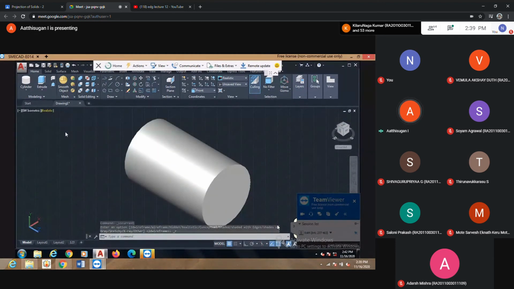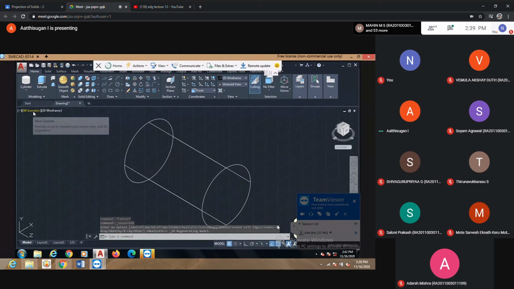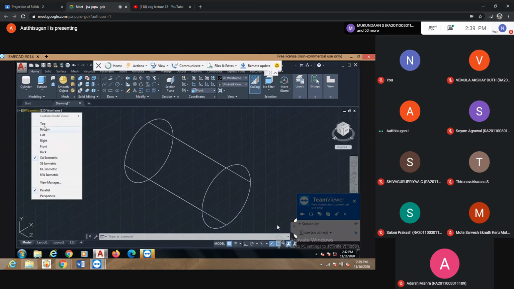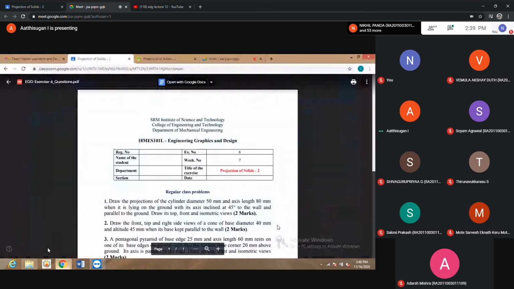Okay, so let us change into wireframe. Then go to your top view. Then rotate it, rotate some angle.